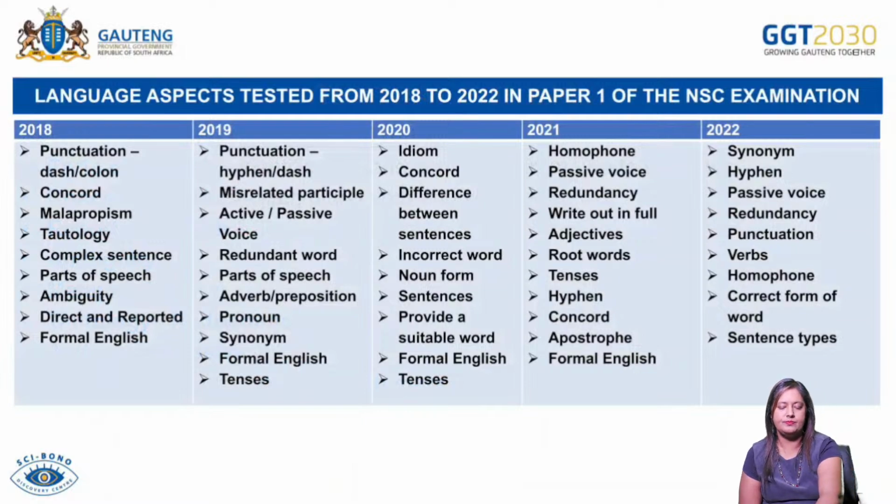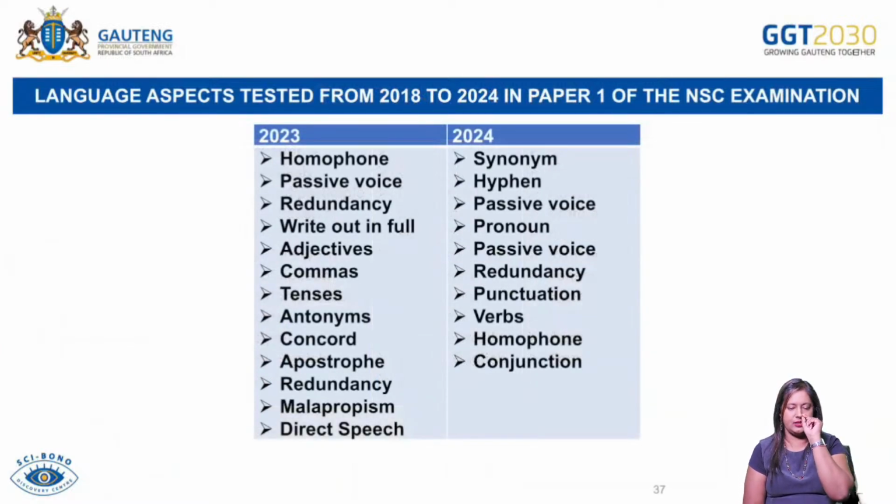All right. Then 2023 versus 2024, notice the hyphen, the synonym, the pronoun, the punctuation mark, redundancy, homophone, conjunction usage, verbs. All right, that obviously has been a little bit more reduced in its structure as opposed to 2023.